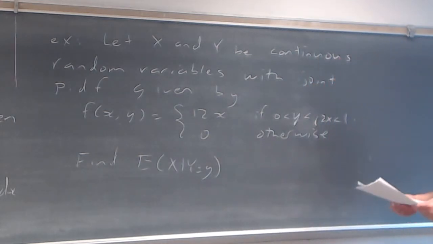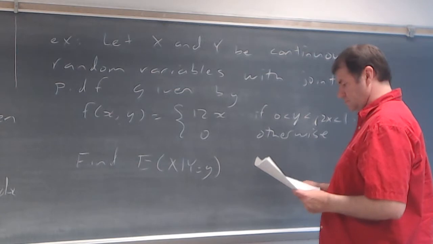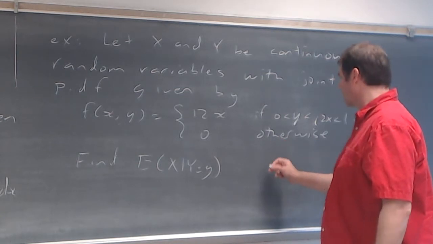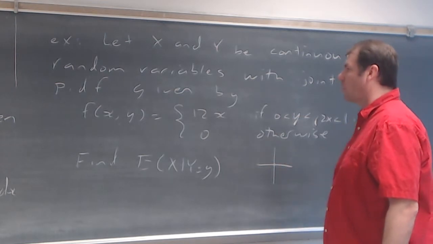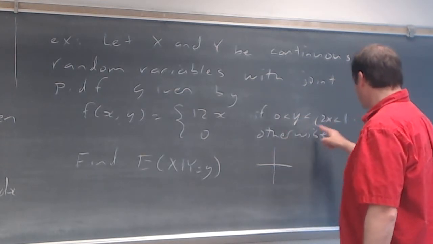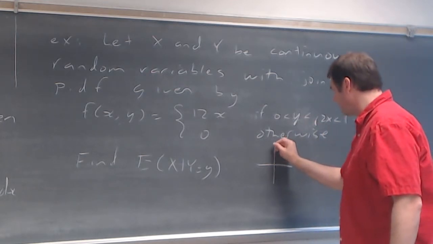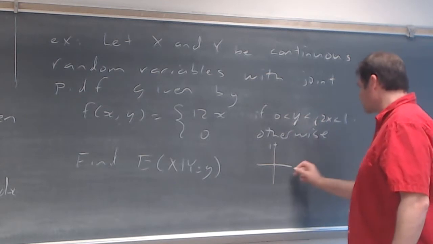Before I go any further, let us look at the region where the joint PDF is non-zero. So here, the y values run from 0 to 1, and the x values run from 0 to a half.